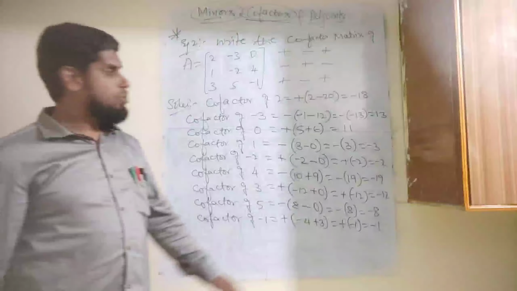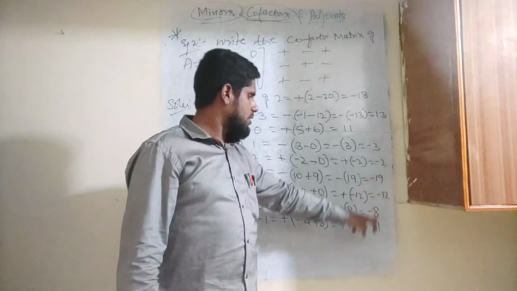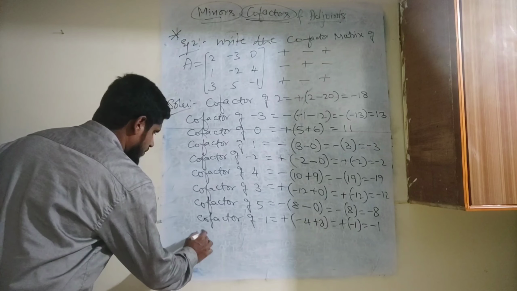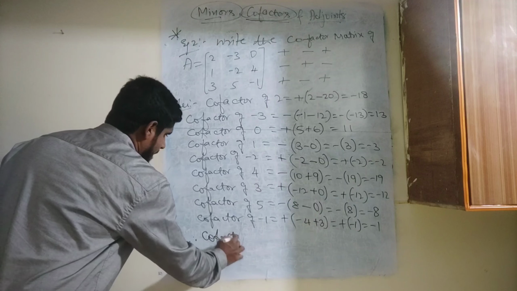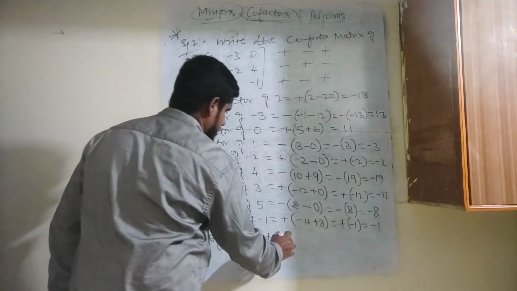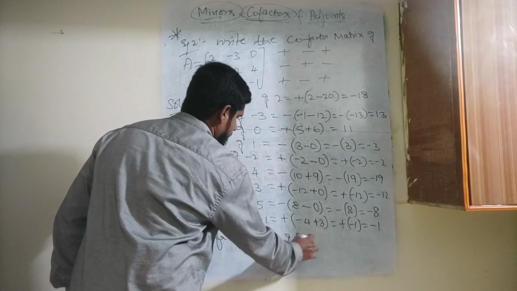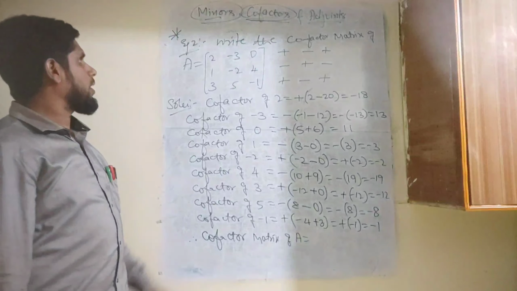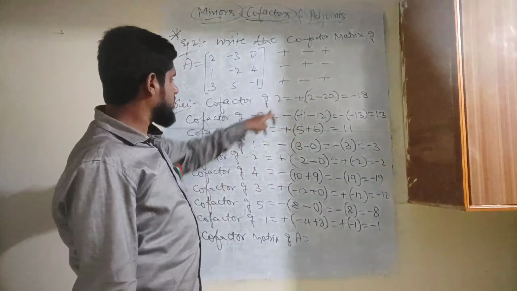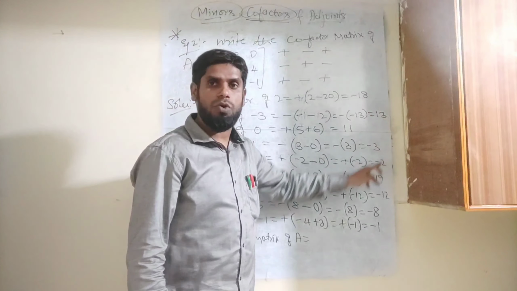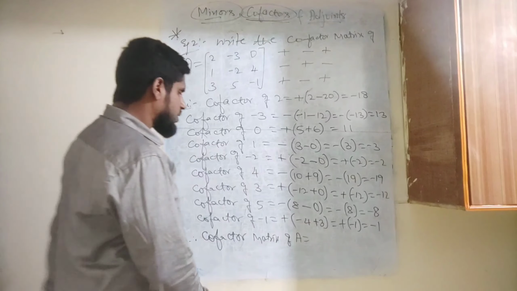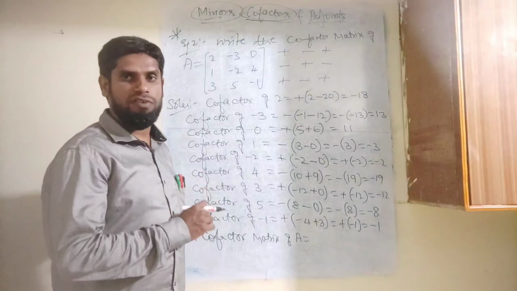So student, I got the cofactors of all the 9 elements. Now let me write the cofactor matrix. Therefore, cofactor matrix of A is equal to, okay, in place of 2 what I got? I got minus 18. So just in place of these elements, I should write its cofactor. And students, cofactors are represented by capital alphabets.